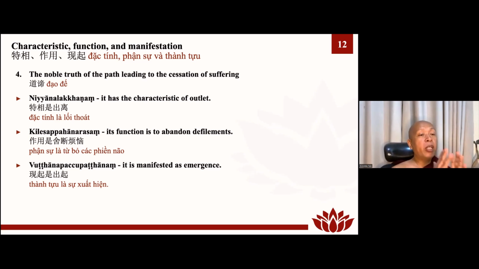So we have already talked about the four paths. These are wholesome mental factors. That's why whenever we have the four paths, no unwholesome, no defilement. Then Vutthana Paccupatthana is manifested as emergence.